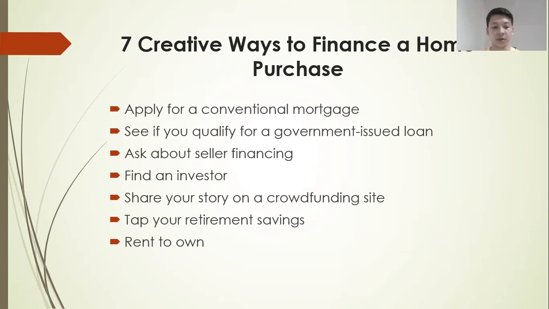Some sellers may also allow you to pay a portion of the home's purchase price along with the rent each month to help you reach the point sooner. So you can pay the owner half or a quarter of the purchase price, but you still pay rent every month until you finish paying everything.